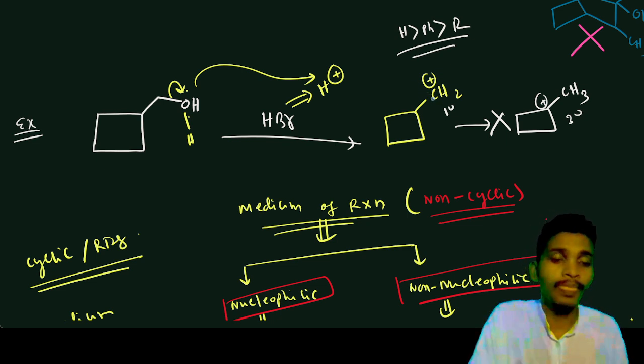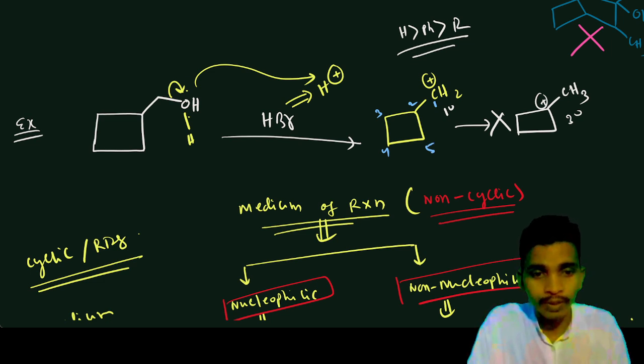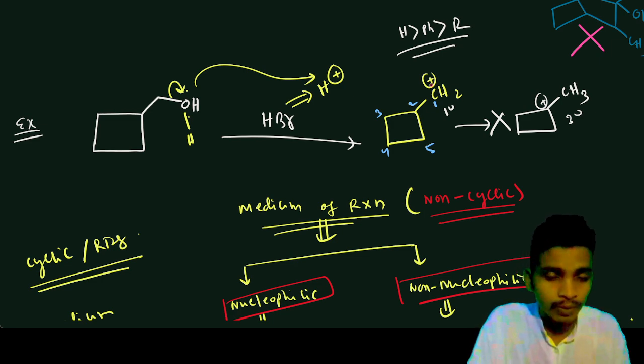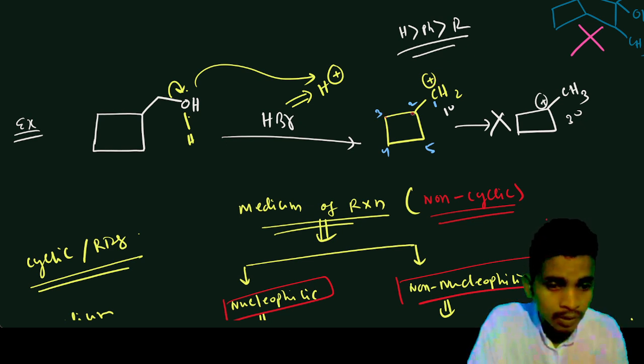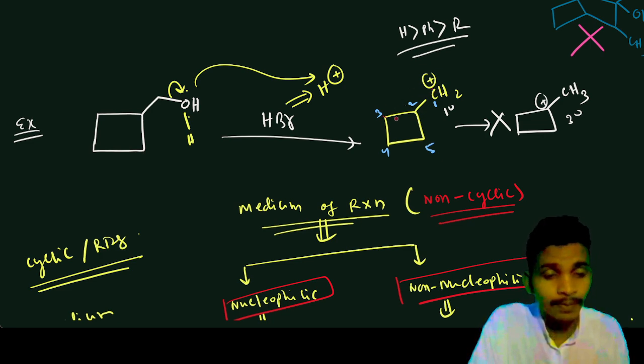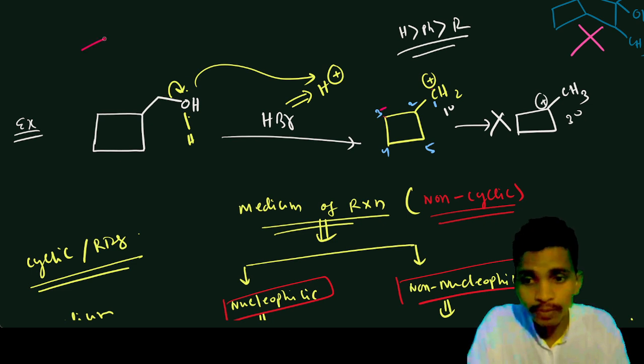How will it do that? Just number the carbons 1, 2, 3, 4, and 5. Leave this positive charge. Now we want to make this bond and this bond, because we want to expand the ring. If I want to make this bond, I will make this one negative, because positive and negative make a bond.